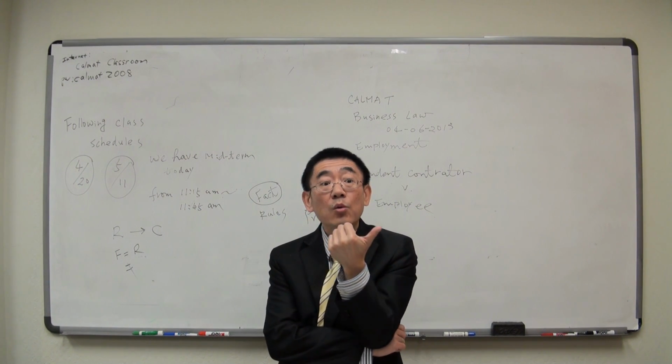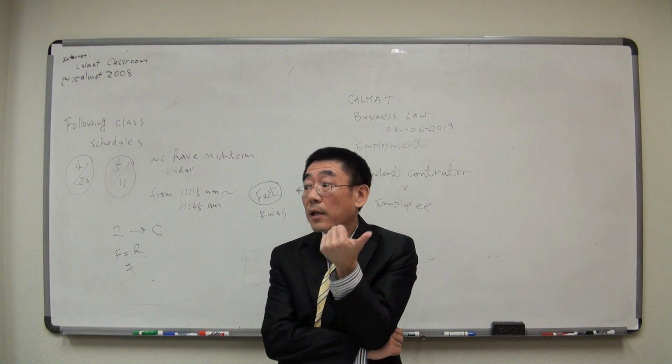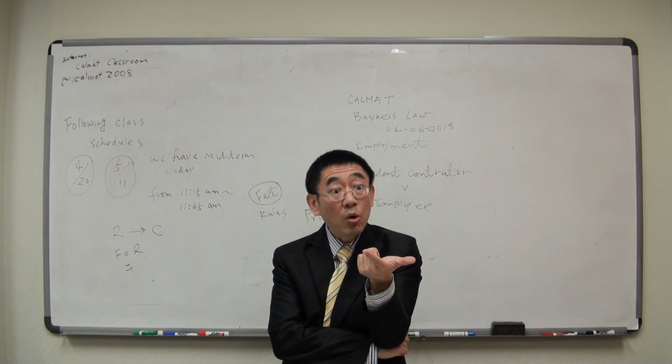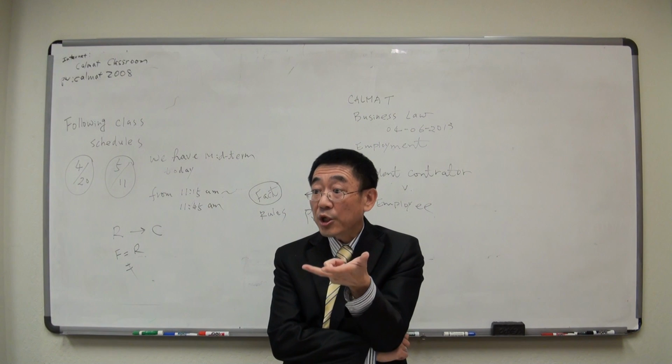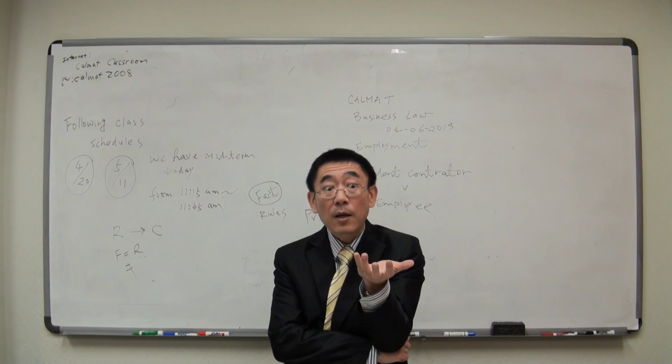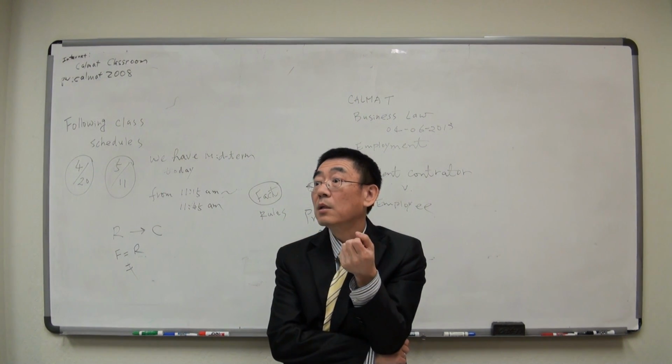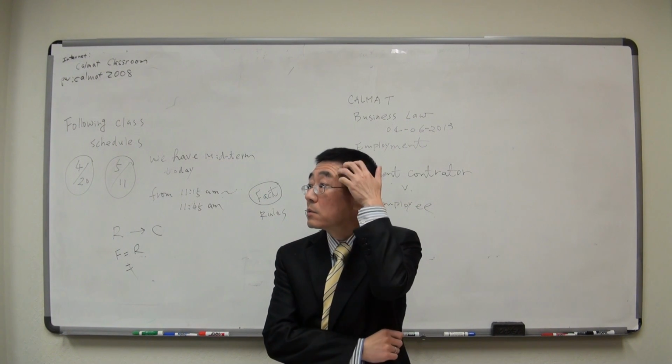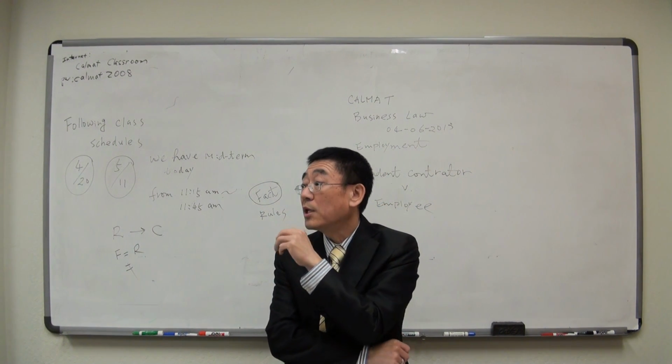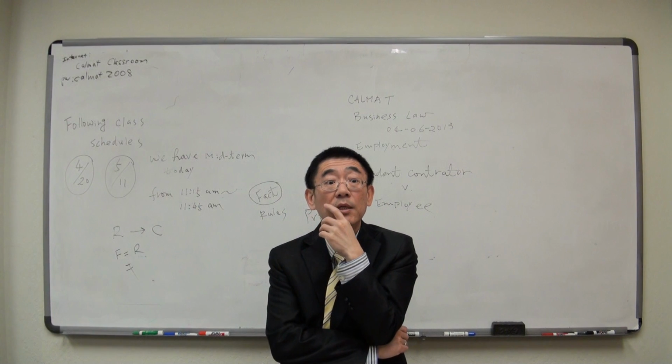Payroll tax, what does it include? Including Medicare and unemployment, right? Social Security, workers' comp, tax withholding. A lot. Overall speaking, almost like 20%.